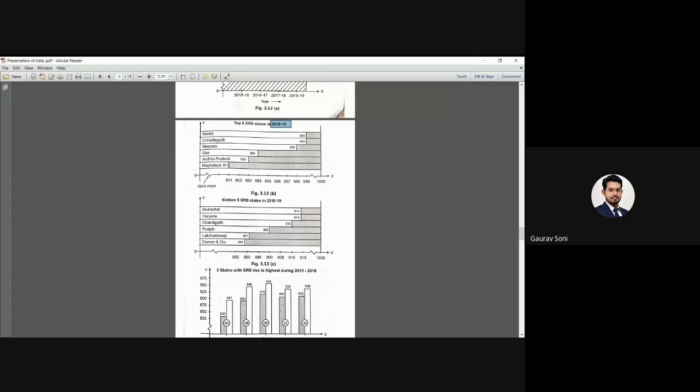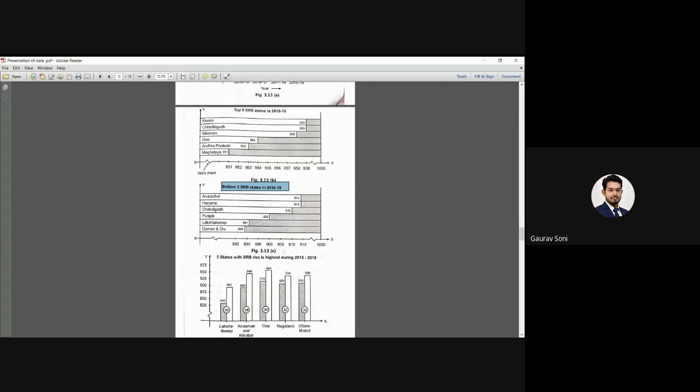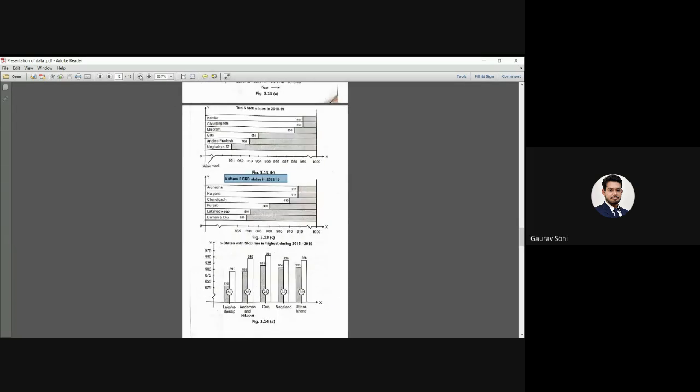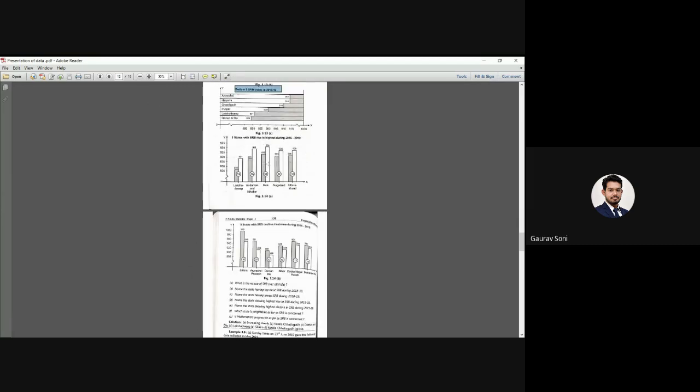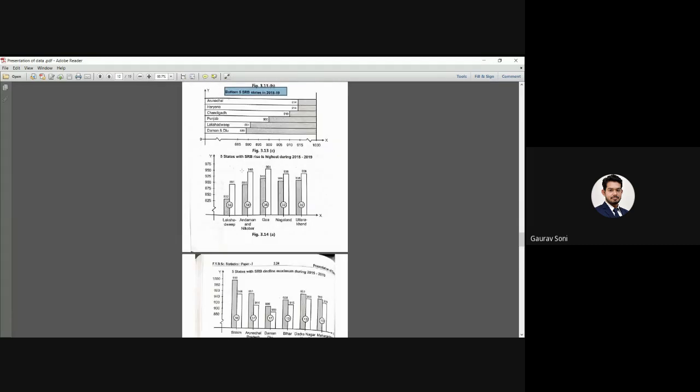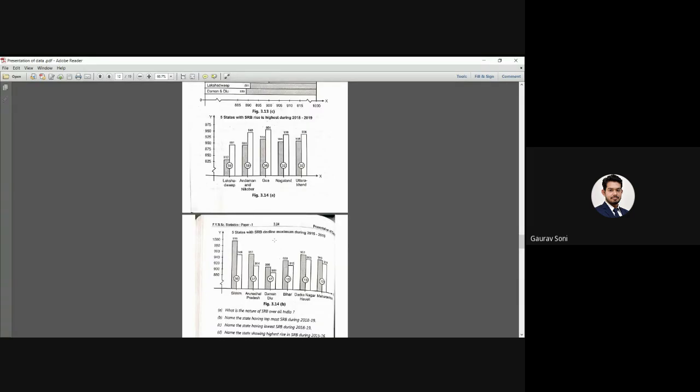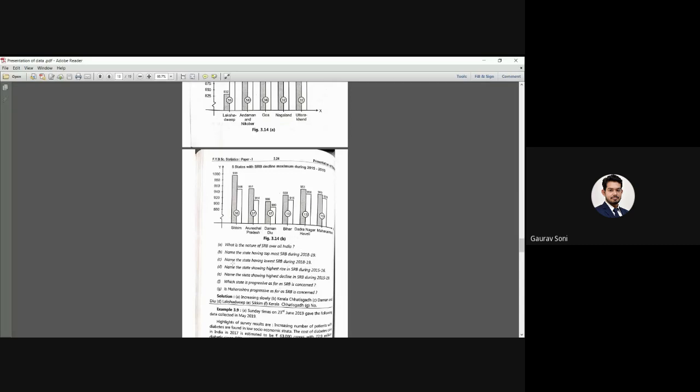But for the bottom 5 states, this is the condition. Daman and Diu is 889, and accordingly. Let me just zoom out. Fine. So I will directly go to the questions.